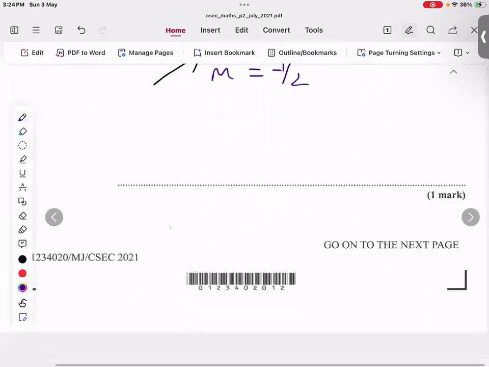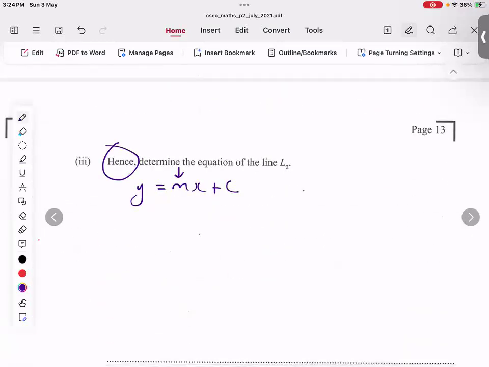So what do we know about perpendicular? Just like I gave my students yesterday, write this down for me, guys. If two lines are perpendicular, then the gradient of the second line, that means M2, is minus 1 divided by M1.